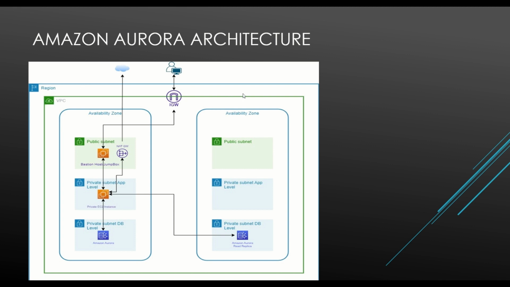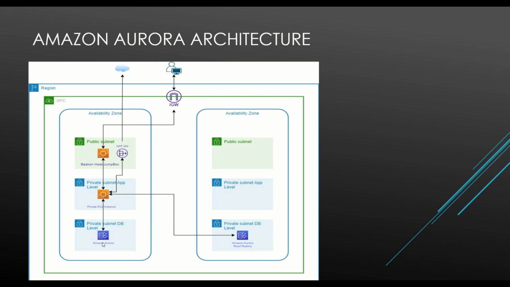I have created a VPC with 2 availability zones, and in that I have 6 subnets, 2 public subnets and 4 private subnets. I have created a bastion host or jump box in the public subnet, and then I have created a private EC2 instance on the application layer in the private subnet, and then I have created the Aurora database on the DB layer.